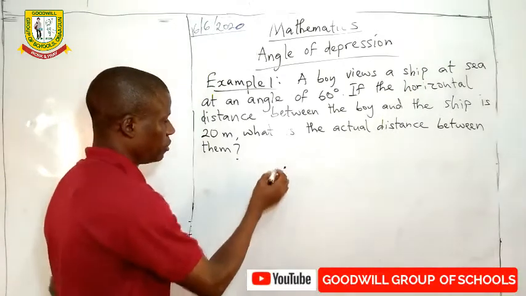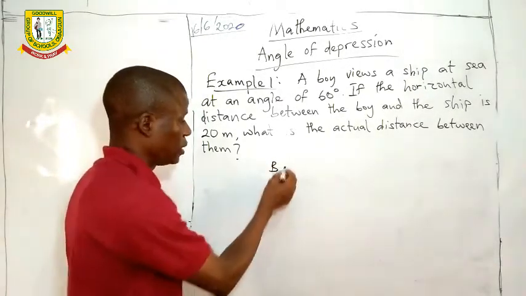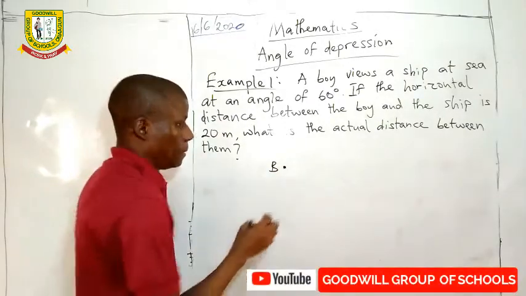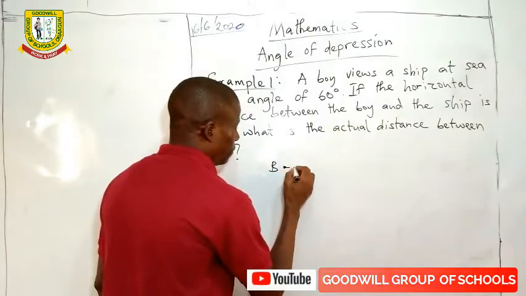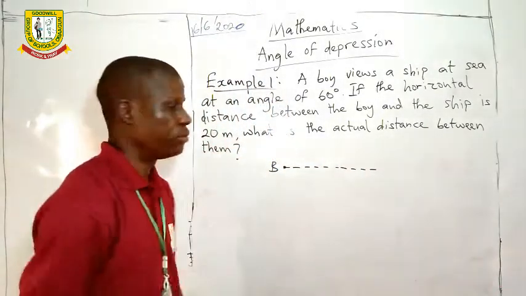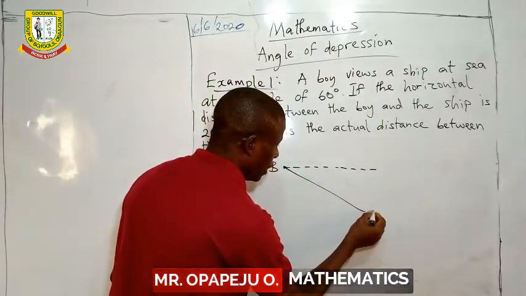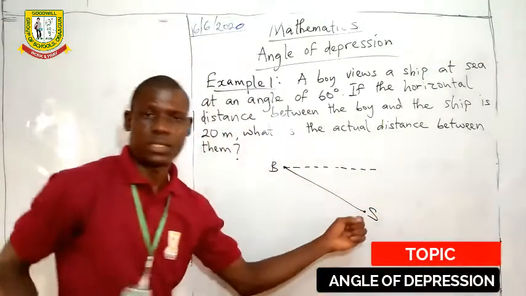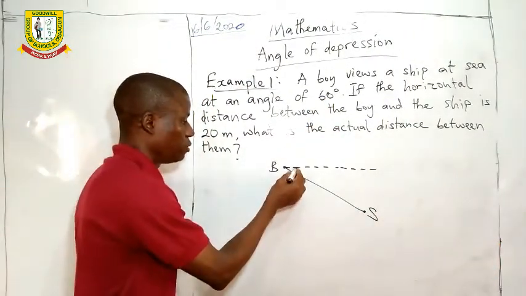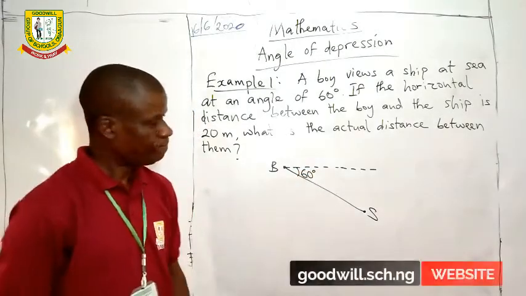Now we have, this is where the boy should be. I have the boy at that point, and that is where the eye level of the boy is. So we have the broken line which represents the eye level of the boy. The ship is somewhere down there. That is the ship. We are given the angle here, and that angle falls in place right there.